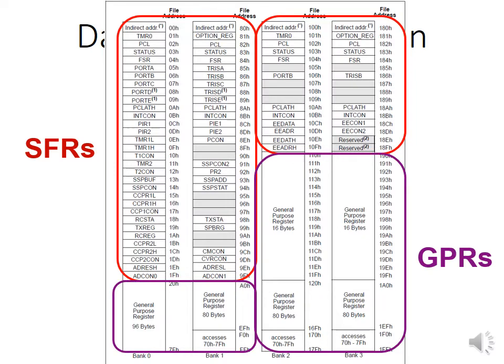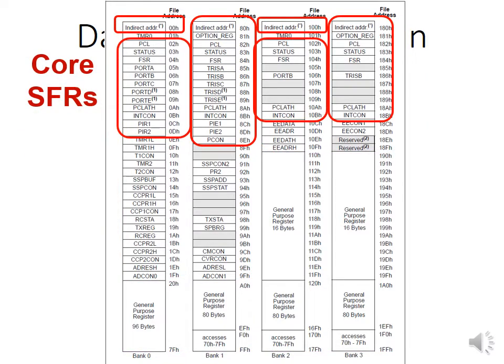The rest of the file registers are general purpose registers. General purpose registers, or GPRs, are used for any use as per the choice of the programmer. The SFRs can be grouped into core SFRs and peripheral SFRs.